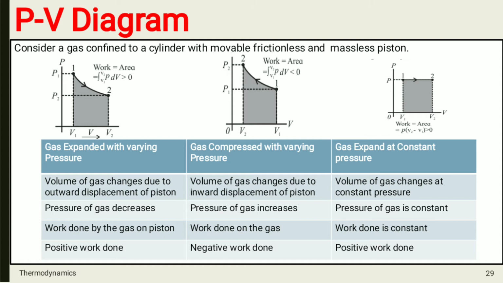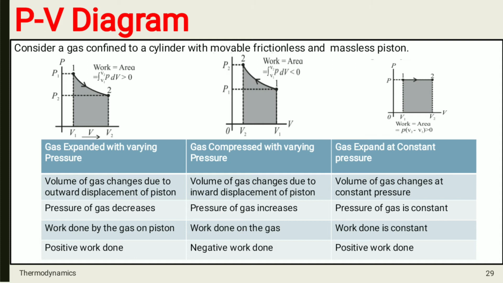Now in the third diagram you can see that from path 1 to 2 pressure of gas is constant, and volume of gas increases from V1 to V2. Here work done is constant and positive.